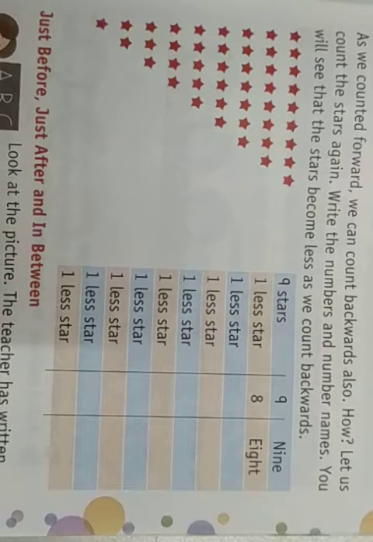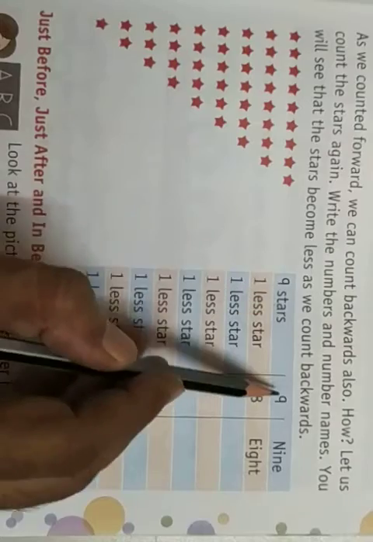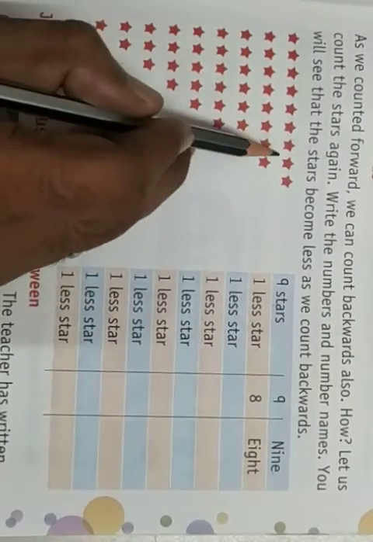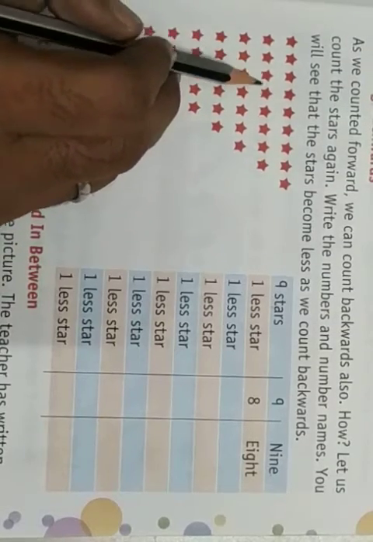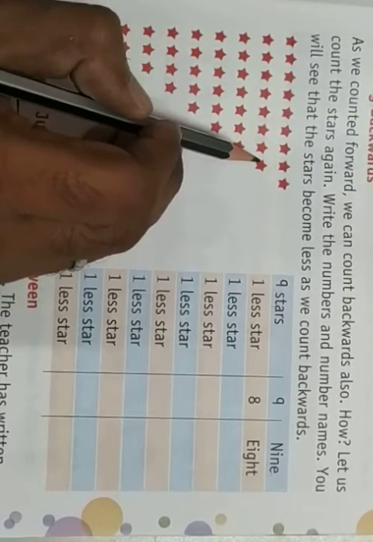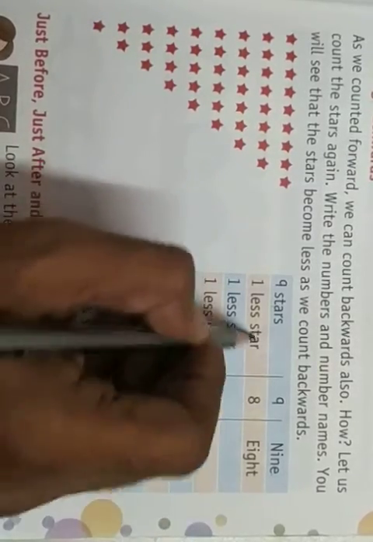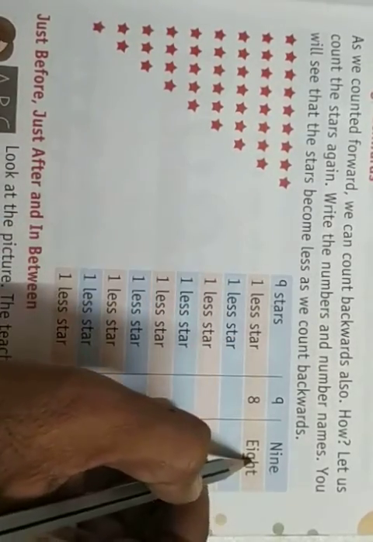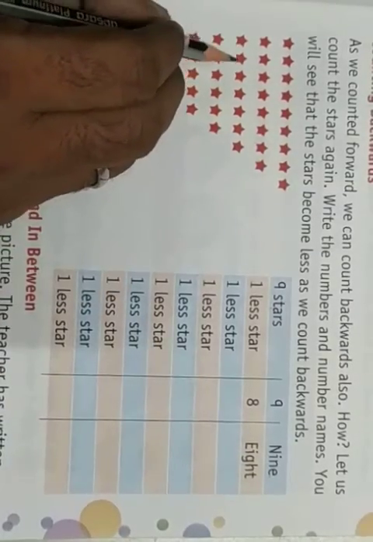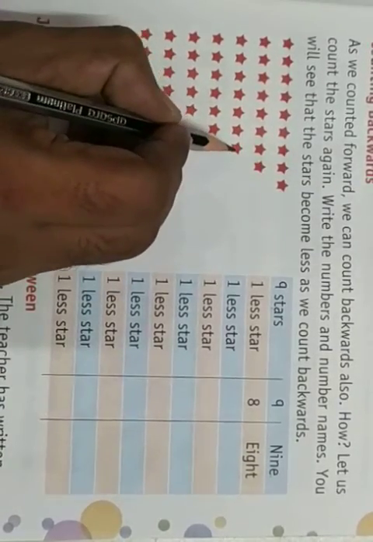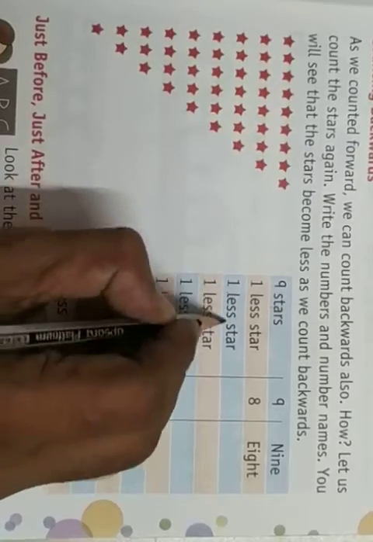Alright? See, here 9 stars, 9. Here 1 less to 9, it will be 1, 2, 3, 4, 5, 6, 7, 8. 1 less star is 8. EIGHT 8. 1, 2, 3, 4, 5, 6, 7. 1 less star is 7.